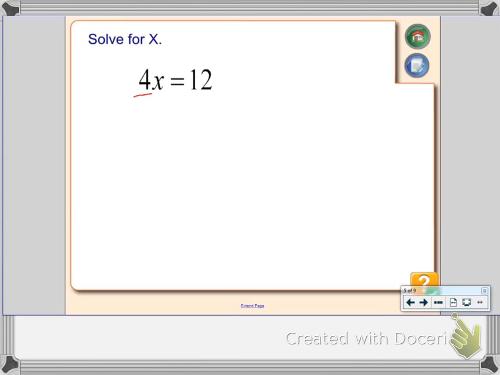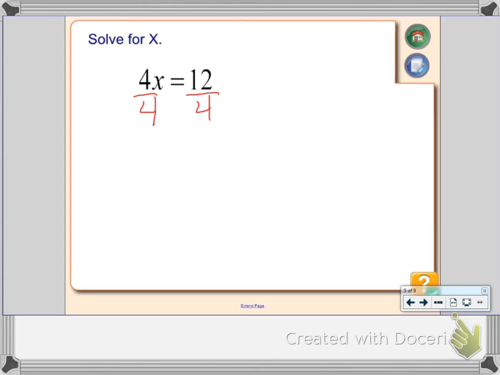So I'm going to make these into fractions because we know that a fraction represents division. When I look at this, I'm trying to get the x by itself, so I'm going to divide by 4. And then the 12 also needs to be divided by 4.